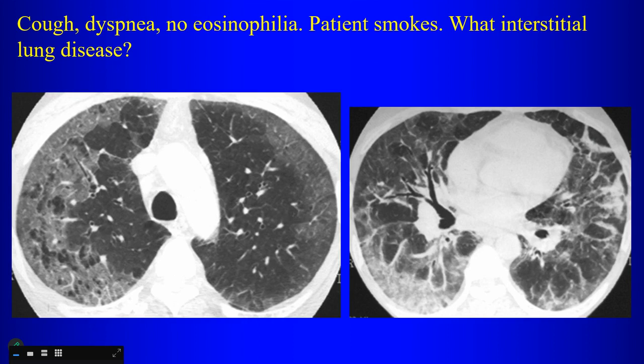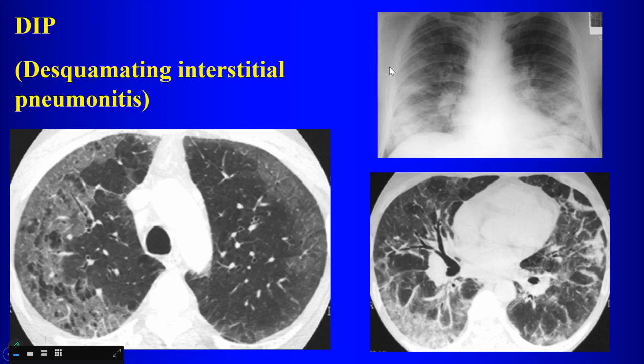What is this? Yeah, so this is DIP, another of the idiopathic interstitial pneumonias. This one is associated with smoking, and the opacities are actually caused by alveolar macrophages that infiltrate the air spaces. Okay, so that's DIP, desquamative interstitial pneumonitis.